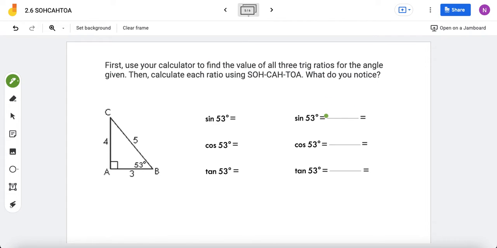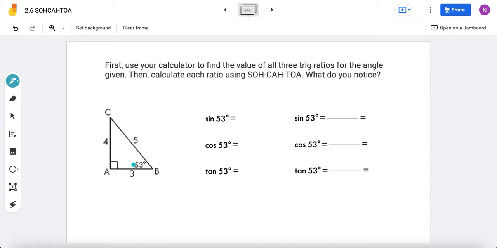Right, so again, just to start off, it will be helpful just to label the sides of this triangle. Let's label the opposite, let's label the adjacent, let's label the hypotenuse. So again, this is the angle here that we're considering, the 53 degrees. So just to start off with, we're just going to label all the sides.